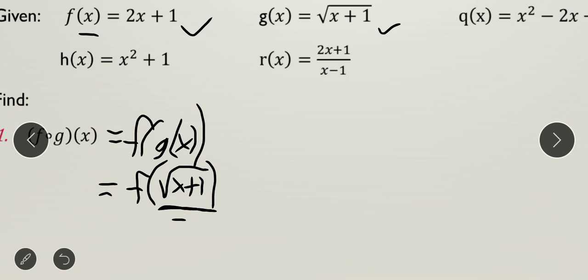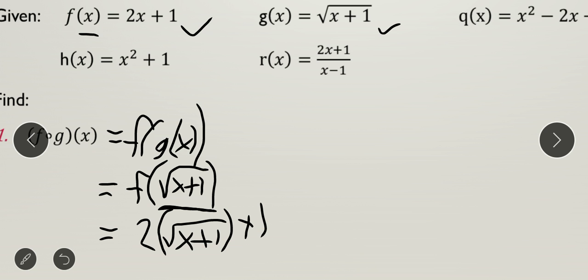This is now the value that we are going to substitute on our x in terms of the f of x function. By substitution property, this is now 2 times the square root of x plus 1, plus 1.